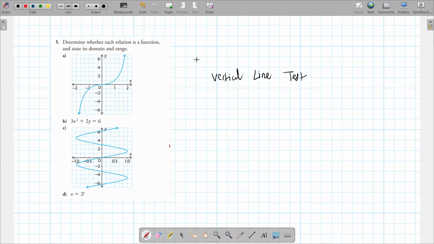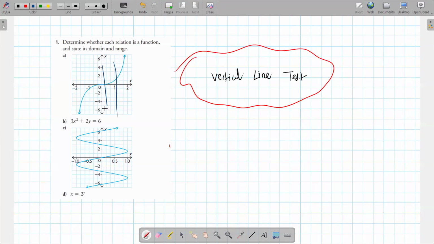A function has to pass the vertical line test. A passes it. Vertical line test means when you draw a line straight up and down, it can only touch the curve once. If you see it here, it touches it once. But for C, we're going to touch it multiple times. So it fails the vertical line test. So C is not a function. That'll be the reasoning, because it fails the vertical line test required for a function.